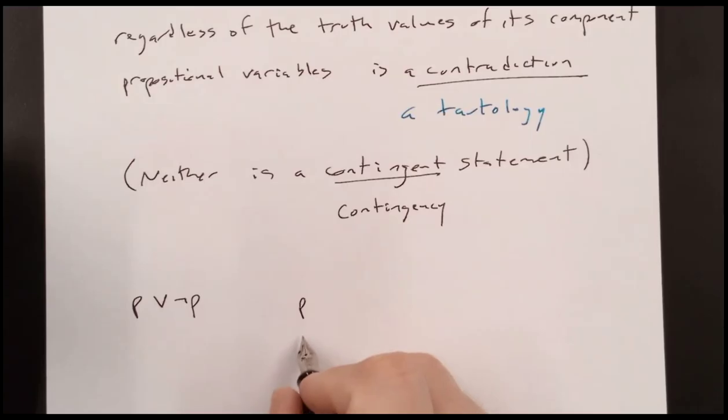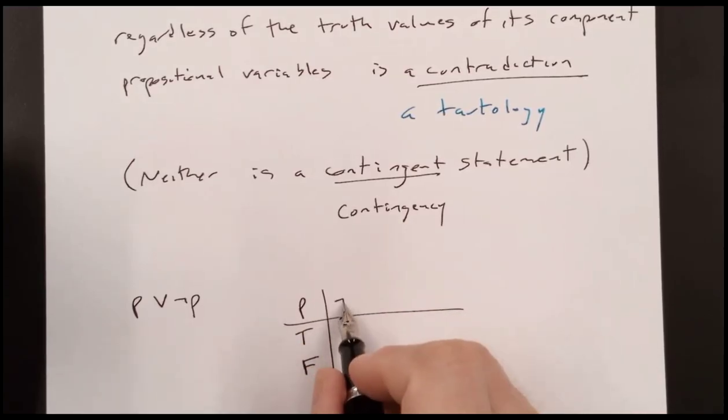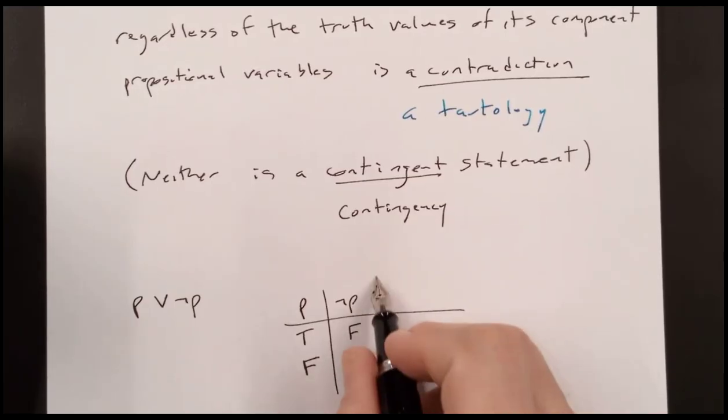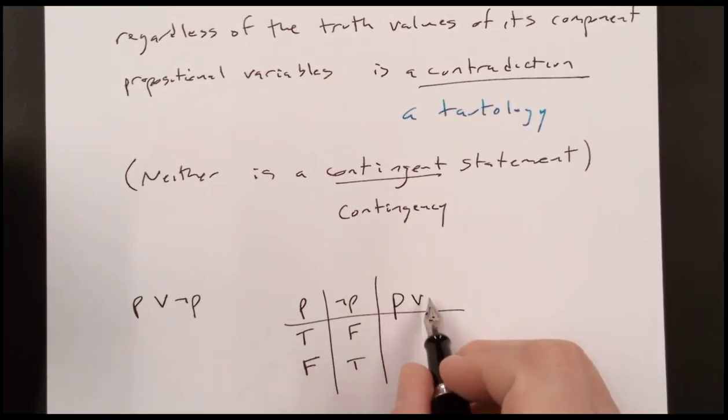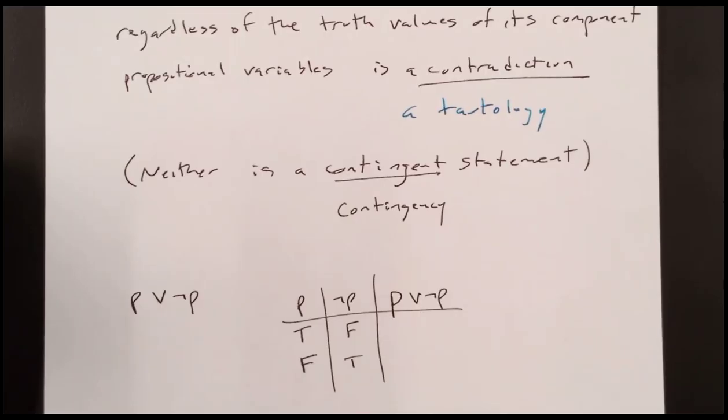Because if I have P, it can either be true or false. The negation is the opposite of that, but then I OR those together. And this is the inclusive OR, but it doesn't really matter in this case. What's the result here? Regardless of what I'm doing, at least one of these is a true statement. There we go.